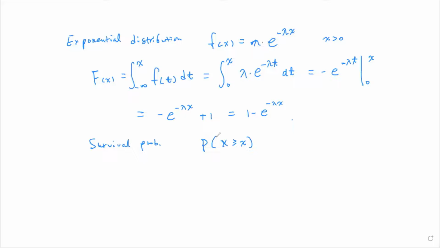By the way, the meaning of X could be the lifetime of certain things, like the lifetime of a bulb, etc. I will talk about the exponential distribution in more detail in another video, if I don't forget. But for the moment, just use it as an example to review some calculus. That's the point.